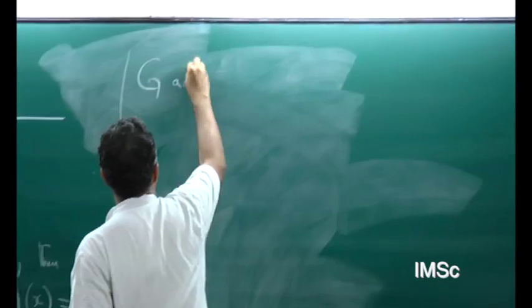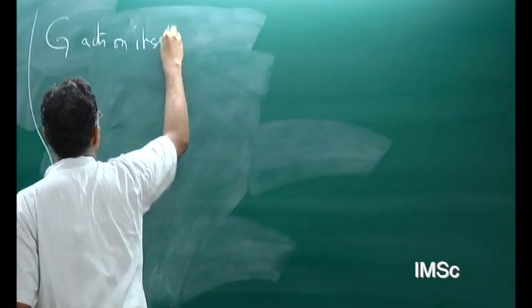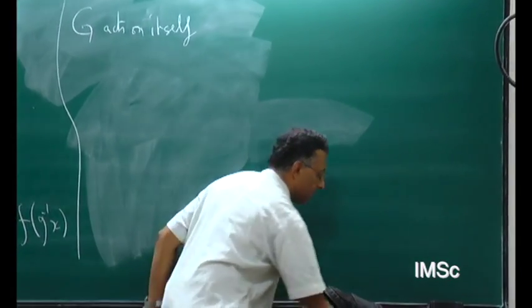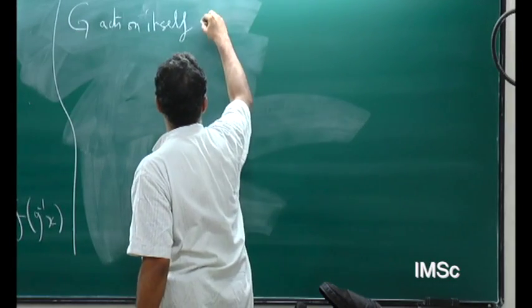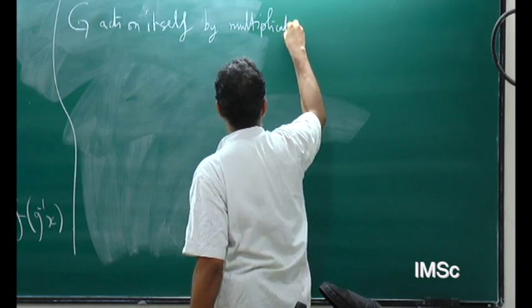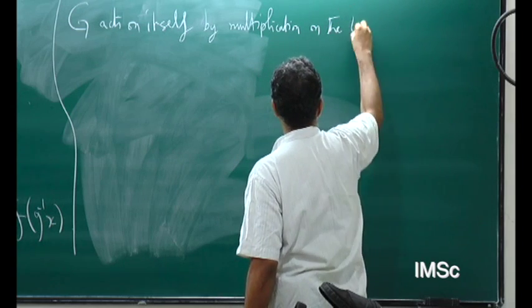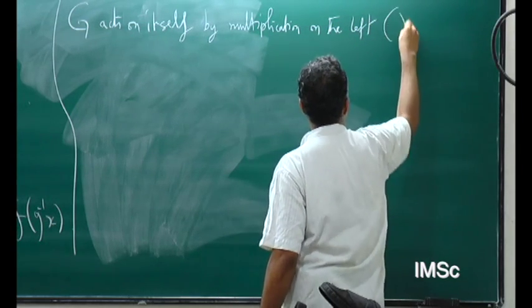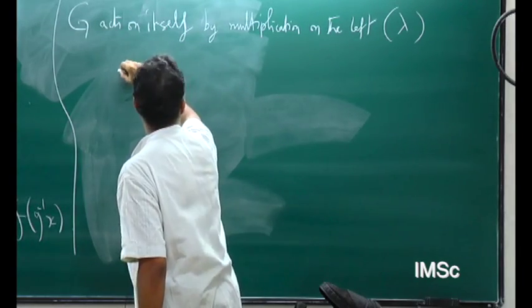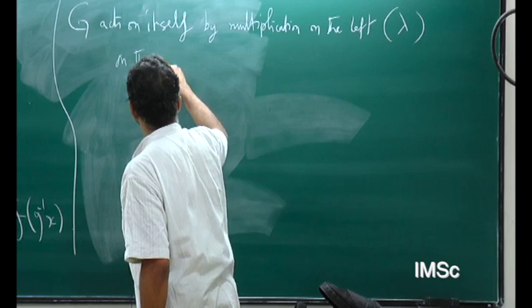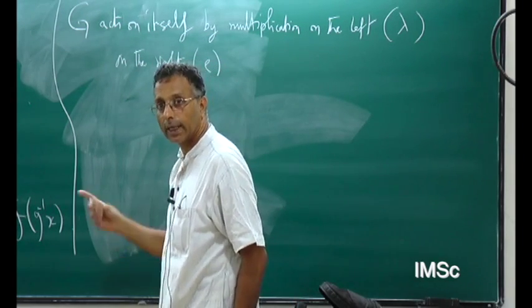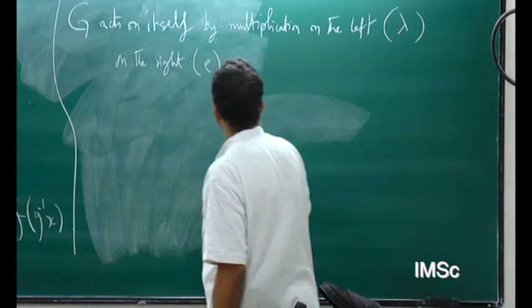G acts on itself, G being a group, it acts on itself by multiplication on the left. That's called lambda, L for left. On the right, that's called rho, R for right. And then there is the action by conjugation.